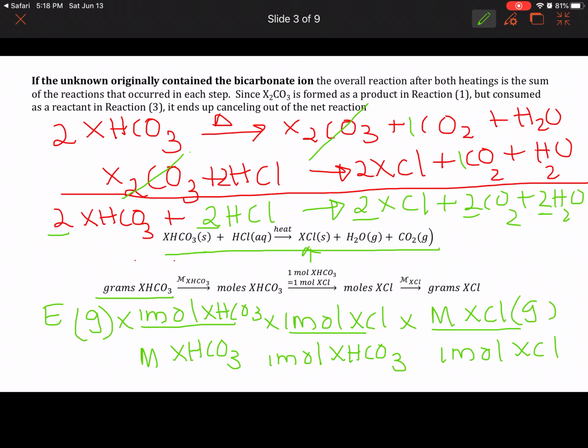This is how you're going to calculate the theoretical yield of the metal chloride if you had a metal hydrogen carbonate to begin with. Normally, if you perform this reaction in the lab, you will only have to do the theoretical yield calculation for the unknown compound you used. You don't have to do both, but I showed you here how to calculate both. Okay.